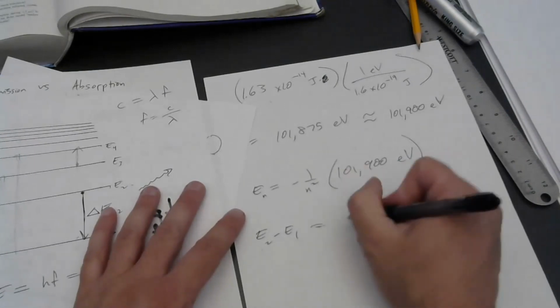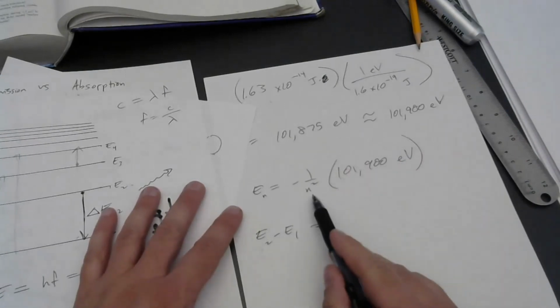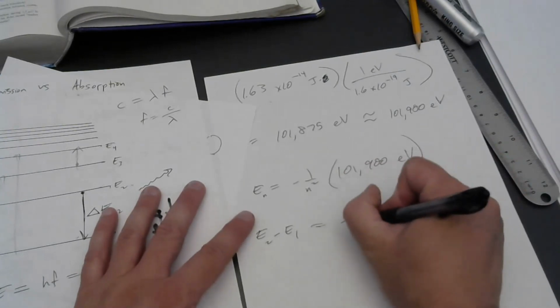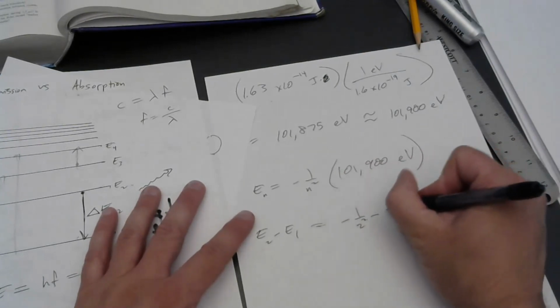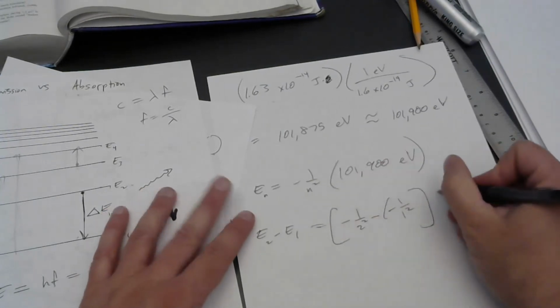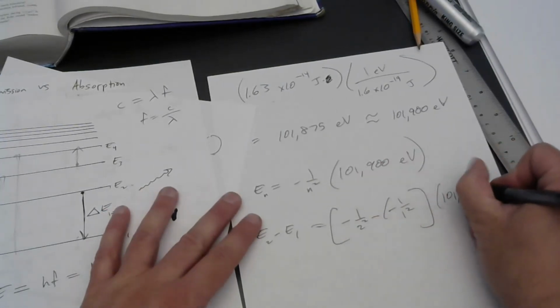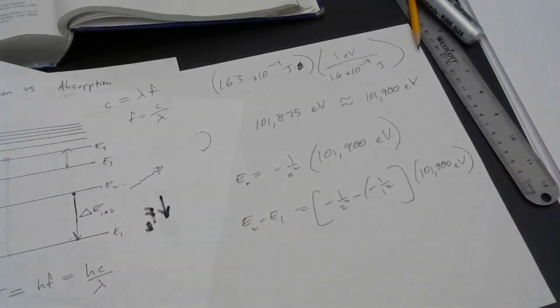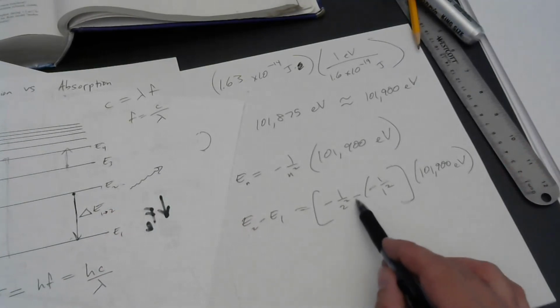Yeah, energy of the photon is the difference in the energy levels as your muon falls back down to its ground state. Well, what I can do is just factor out this. That's negative 1 over 2 squared minus negative 1 over 1 squared times 101,900 eVolts. That seems kind of silly to do it that way, but let's think. Minus minus is plus.